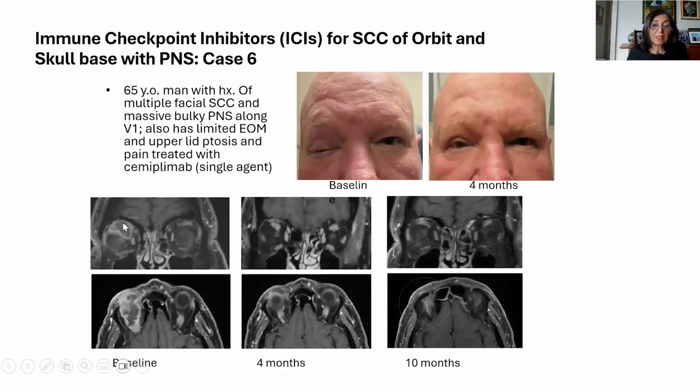His MRI at baseline shows this large mass around the supraorbital nerve, which is the fifth cranial nerve, and which extends posteriorly towards the superior orbital fissure. So this situation is referred to as perineural spread. Historically, we only had high-dose radiation therapy to offer to such patients.